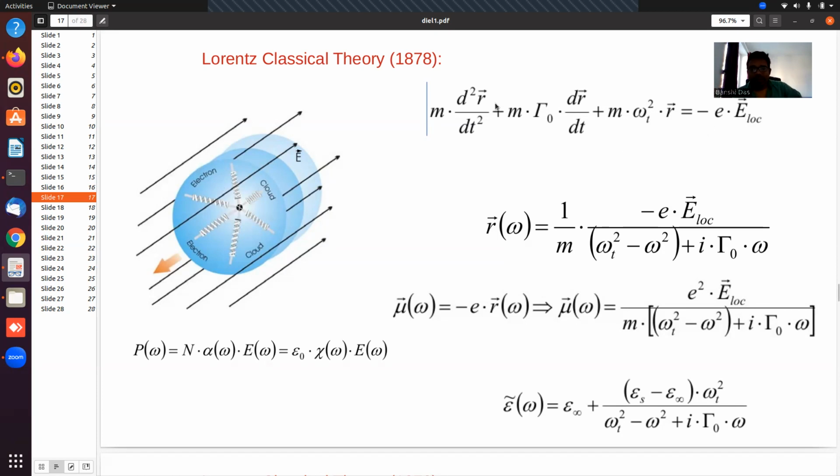If we can solve for R, then mu, the dipole, equals charge multiplied by distance. How R fluctuates, multiplied by charge, gives mu. And polarization is nothing but this average mu per unit volume.